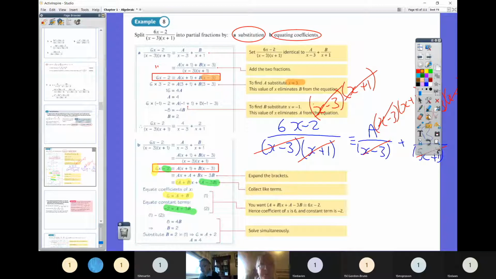Substituting 3 in allows us to work out that a is 4.